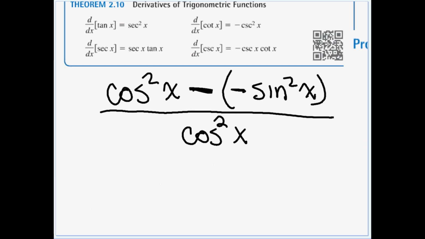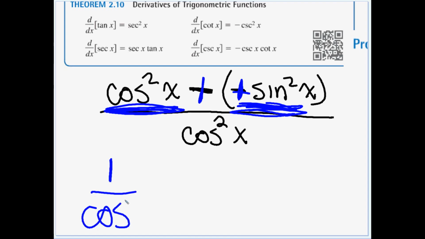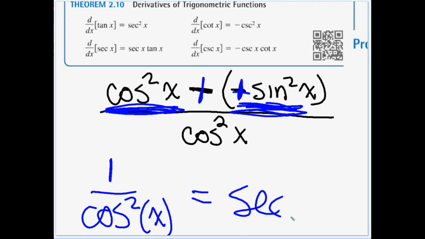In the numerator, minus a negative turns to add the opposite, that turns into a plus: sine squared plus cos squared. I hope you remember enough pre-calc to remember that sine squared plus cos squared is equal to 1, so that becomes 1 over cos squared. And by the reciprocal identities, 1 over cos squared is secant squared x. And that's up here in our derivative theorem box. The derivative of tangent is secant squared.